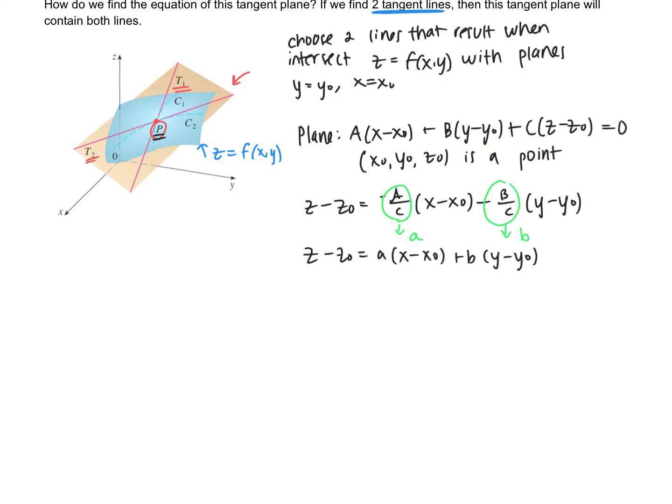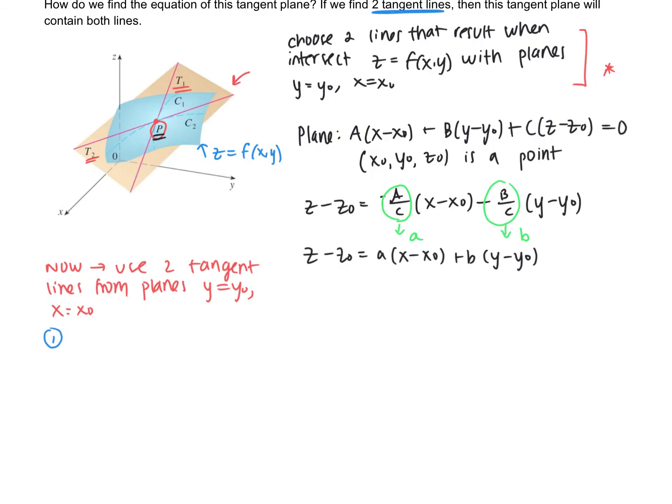Now we're going to go back to these 2 tangent lines because we haven't used those yet. We are going to use our 2 tangent lines that result from the planes y equals y naught and x equals x naught.